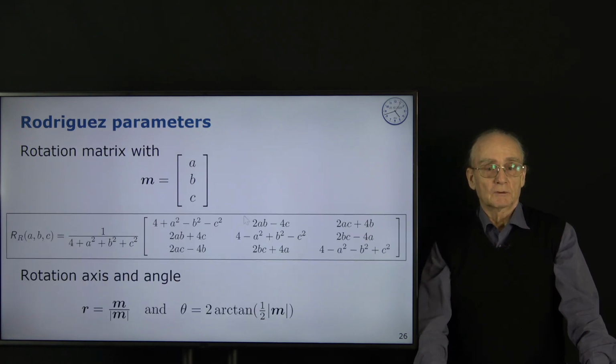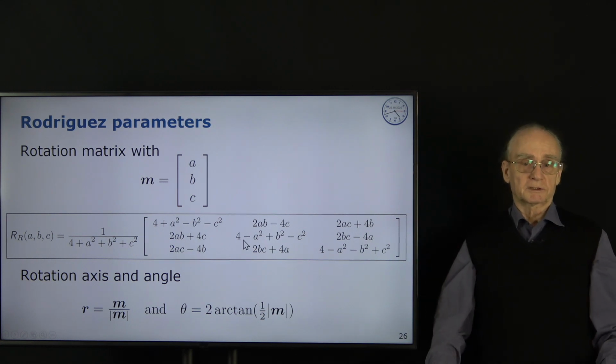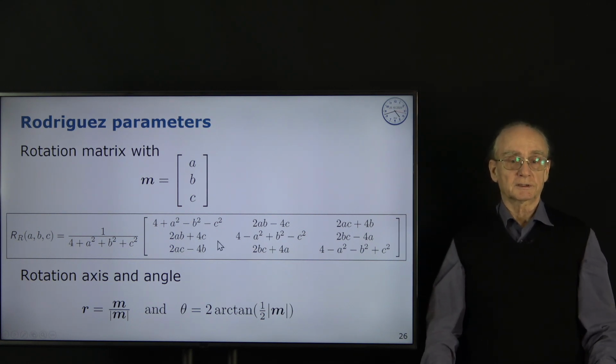And if you write this out, we have a rotation matrix with this vector (a, b, c). Then this matrix again is similarly structured as that with the quaternions, of course. And we have here scalars 4 and products of 2 of these elements, a, b, and c.